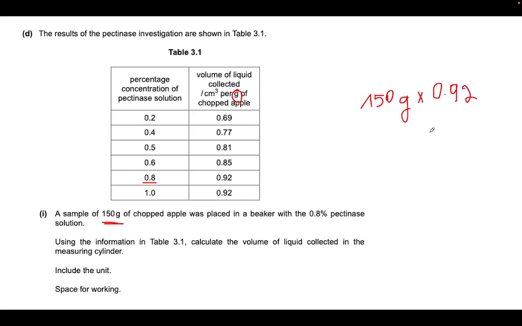It's as simple as that, and the answer will be 138 centimeter cube. This is it. Always when they change the grams, for us we are dealing with 1 gram, so you have to multiply it, since it is in 0.8%.